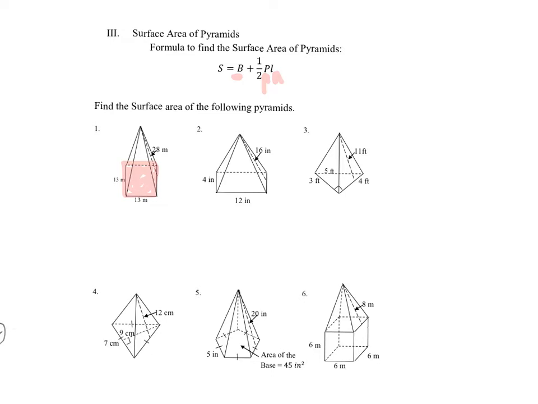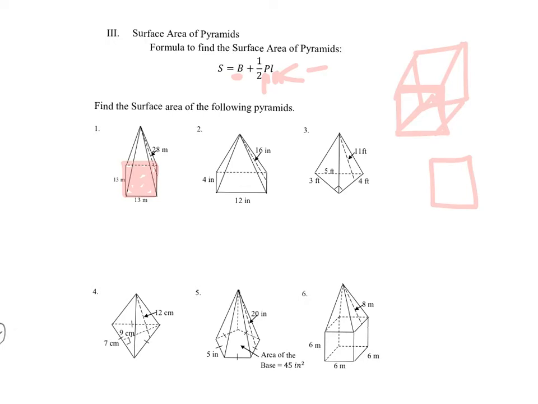So when you look at this, if you think about your prism, your prism had the bases, this is a very rough drawing, and your sides in your prism. So to find the lateral area of your prism, we did the perimeter of the base times the height. Well, if you notice, the only difference is that it's 1/2 the perimeter of the base times your slant height. The faces of all prisms are rectangles.